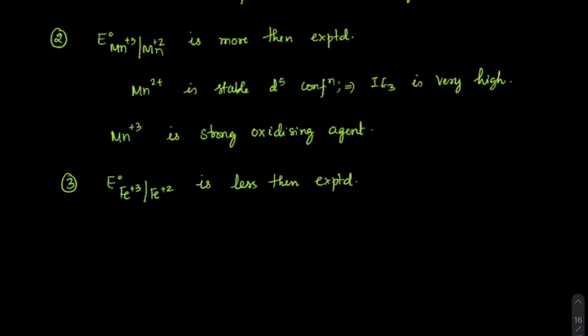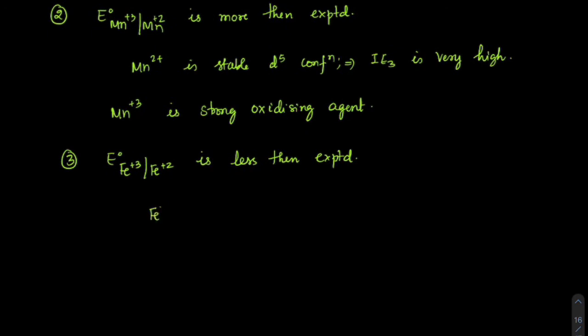Now what happened here? When you check out Fe plus 3 configuration, it is actually a D5 configuration. And from there, if it has to become Fe plus 2 configuration, which is D6 configuration, then it would oppose that. Got it? So here D5 is stable configuration.